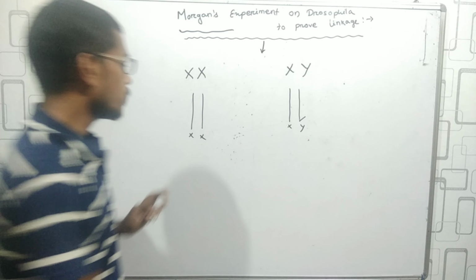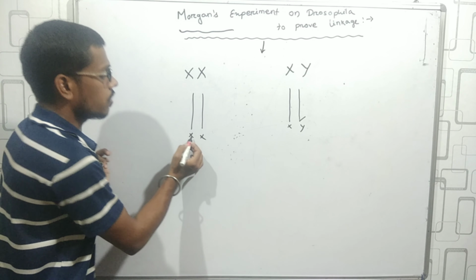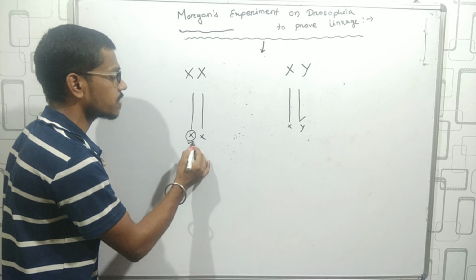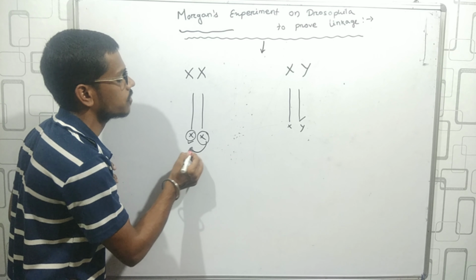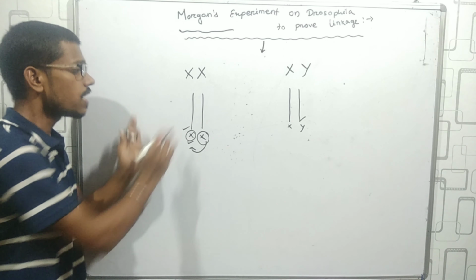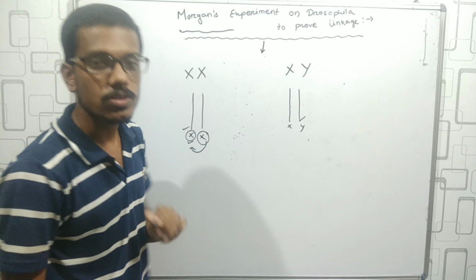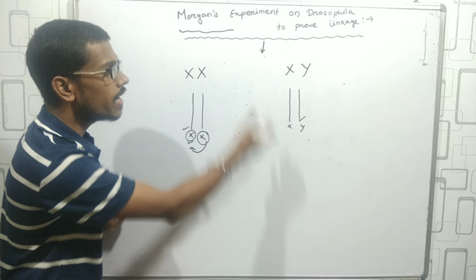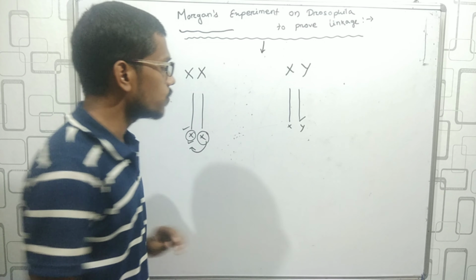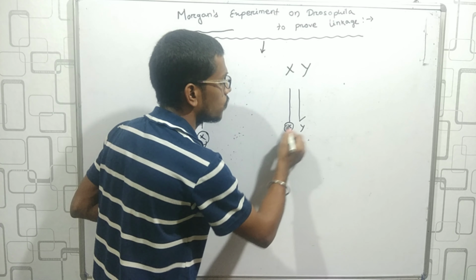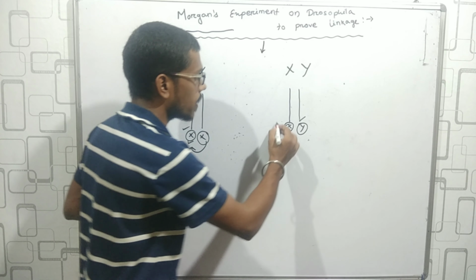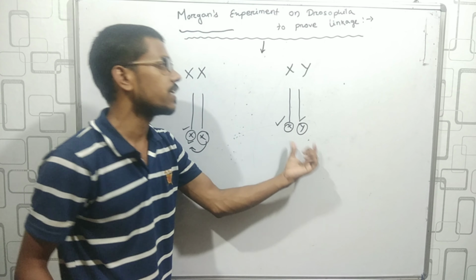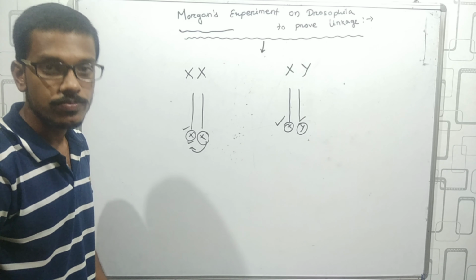In the female, the homologous chromosome of each X chromosome is the other X, meaning there is one pair of homologous chromosomes. But in the male there is an X chromosome and a Y chromosome. That means the homologous partner of this X chromosome is absent in the male Drosophila.